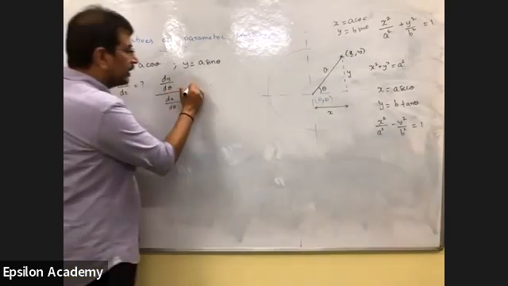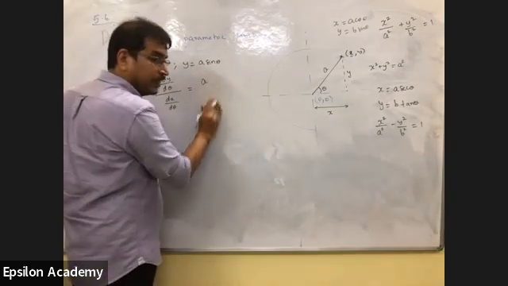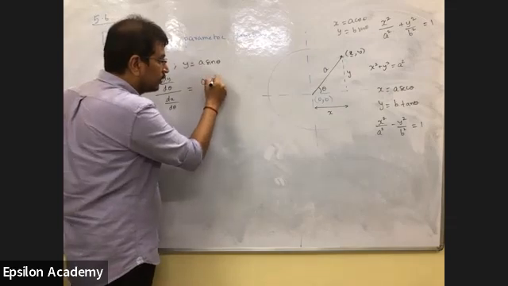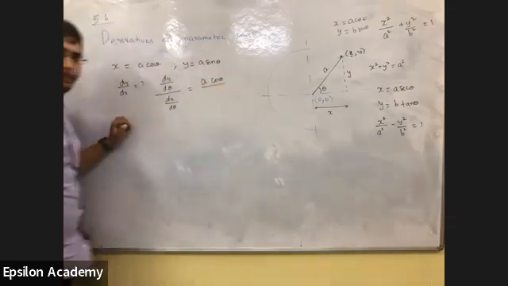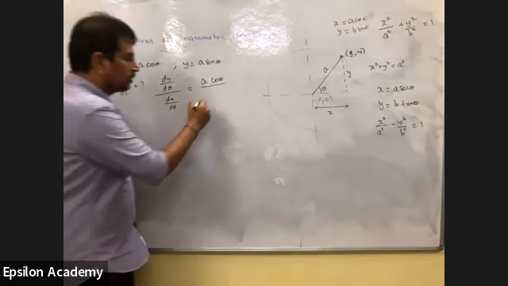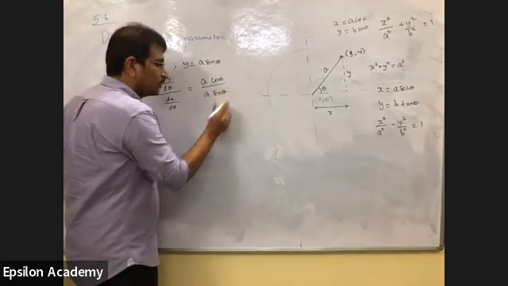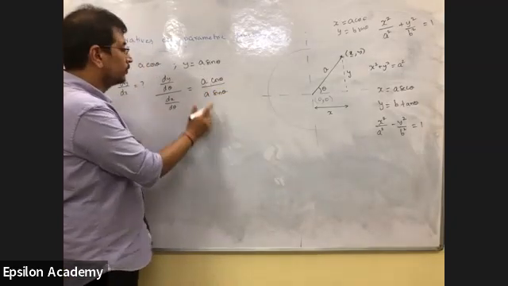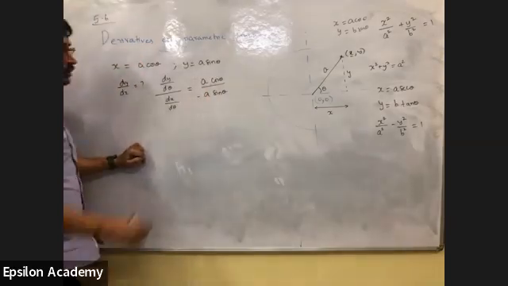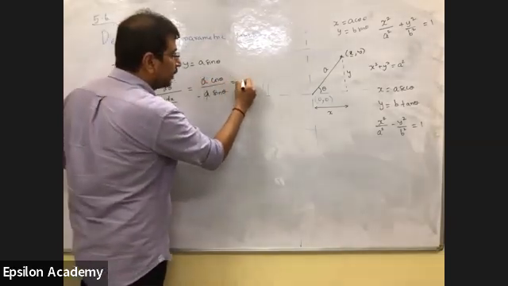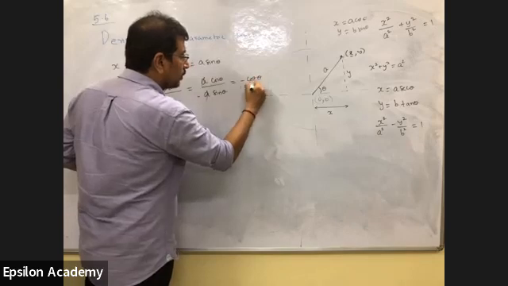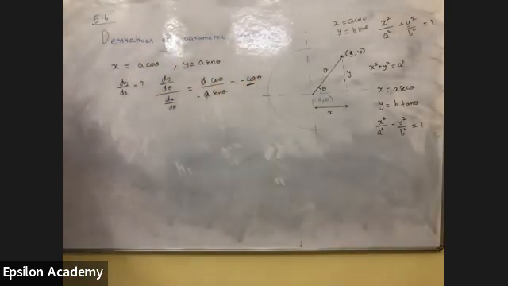So what is dy by d theta? It is a cos theta, divided by minus a sin theta. So a and a are gone, and you get minus cot theta, this is the answer.